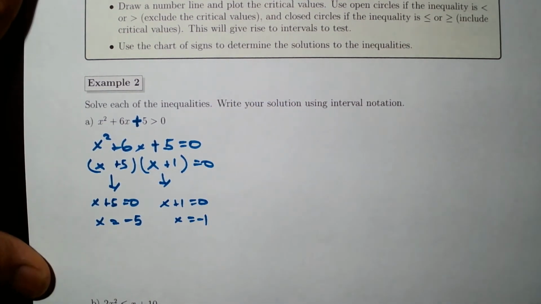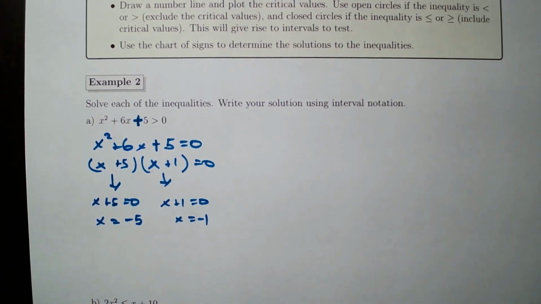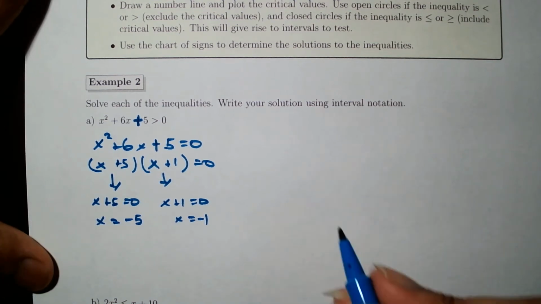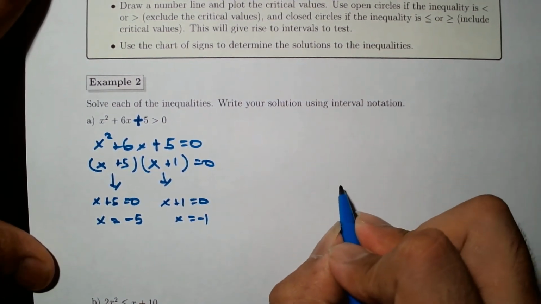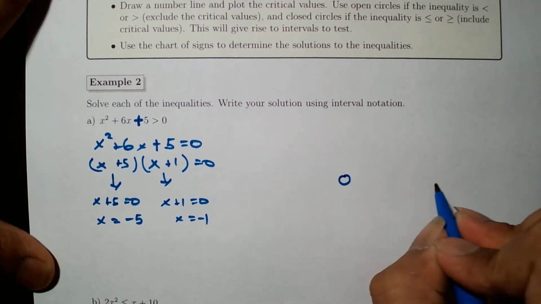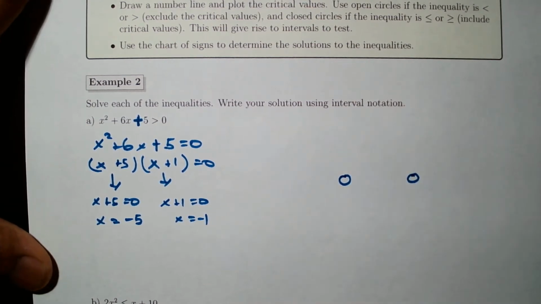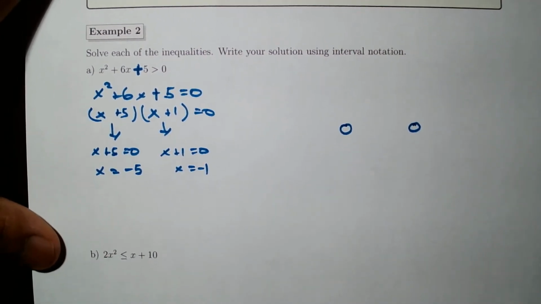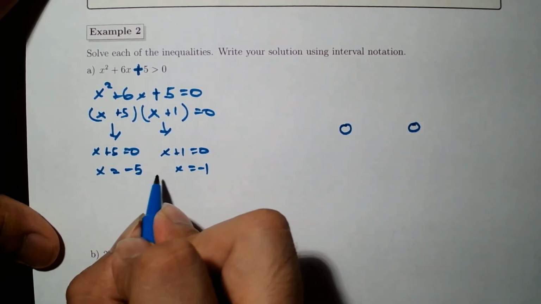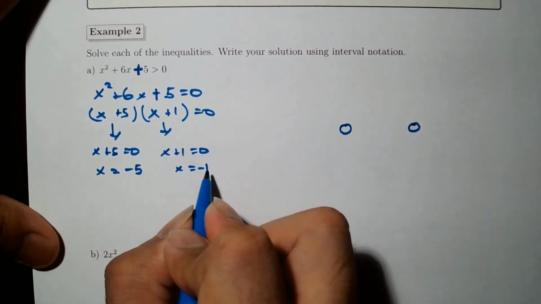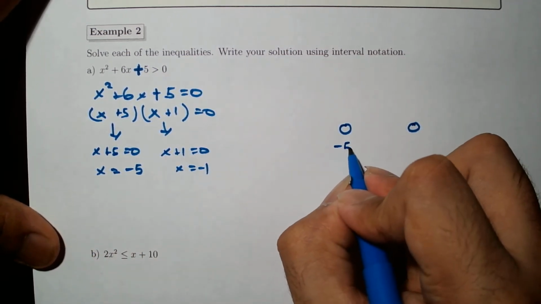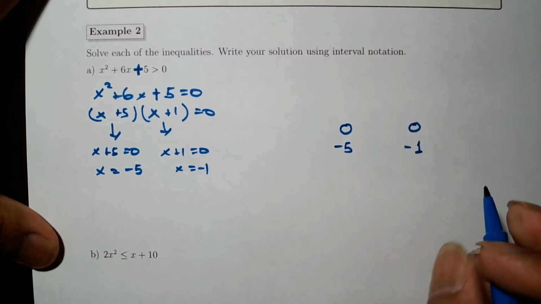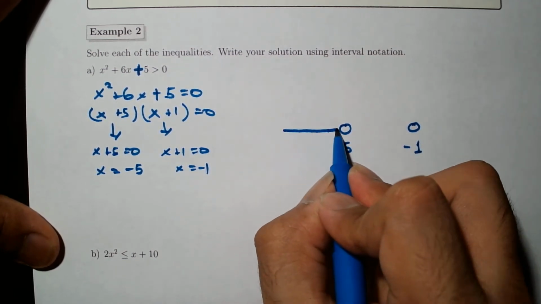So this will give rise to intervals to test. I'm going to draw two open circles here, one open circle, another open circle. And then I'm going to write my critical numbers from smaller to larger, that is -5, -1, on a number line.